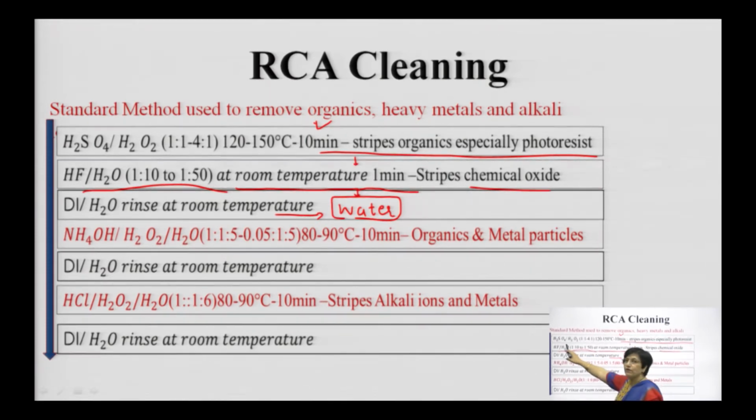So, that means first you will clean with H2SO4, then hydrofluoric acid. First will remove all the photoresist, whatever organics. Like in photolithography, whatever photoresist layer you put onto the wafer surface, everything will be removed, its residues will be eliminated, then we will eliminate all the chemical oxides.